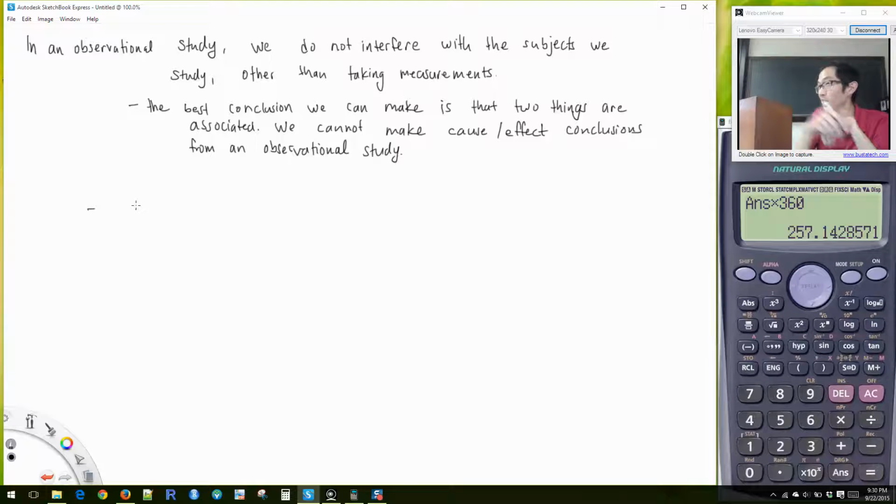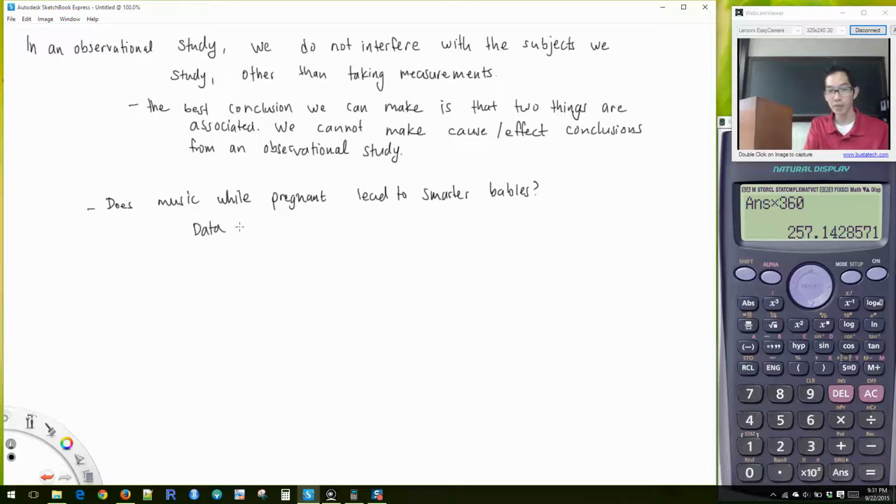Even if the data seems to support that, even if the data shows that we looked at families where they had played music in the womb, and families that didn't. So let me write this. Does music while pregnant lead to smarter babies? This is what we want to know. Let's say our data has music in the womb and no music in the womb.